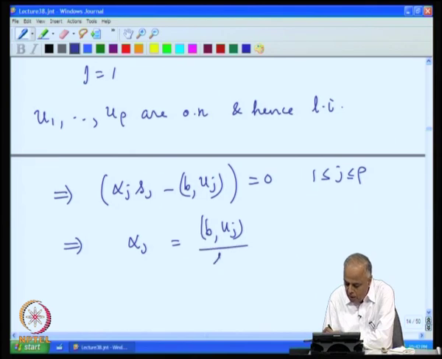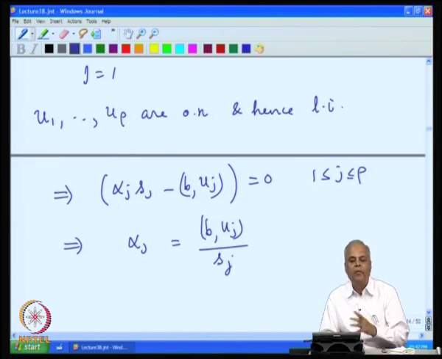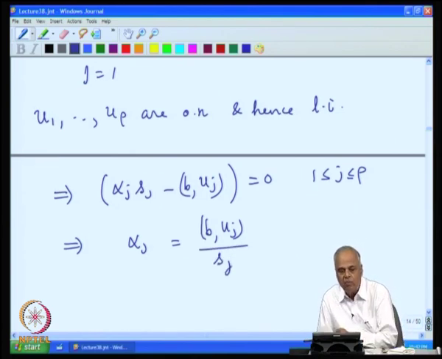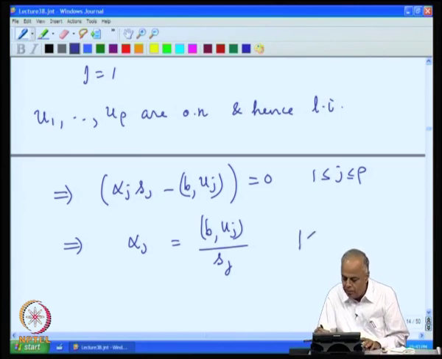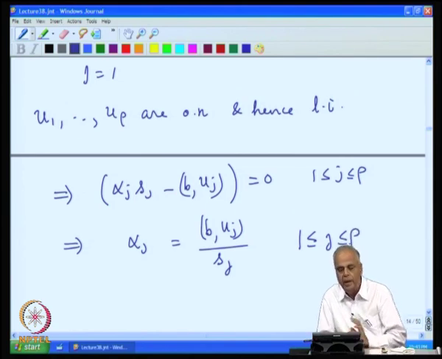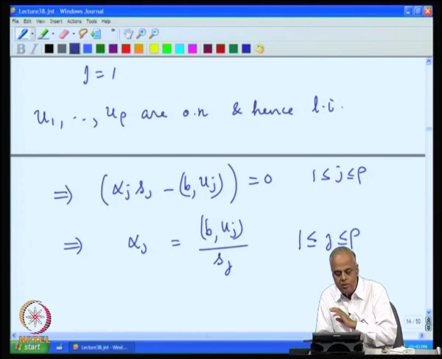So, this says how to choose. Remember, we are trying to find x. Finding an x means we must find alpha 1, alpha 2, up to alpha rho, and beta 1, beta 2, up to beta rho. Now, all the analysis says that you have to choose the alphas such that alpha j is equal to b transpose u j by s j, and this does not say anything about beta j.